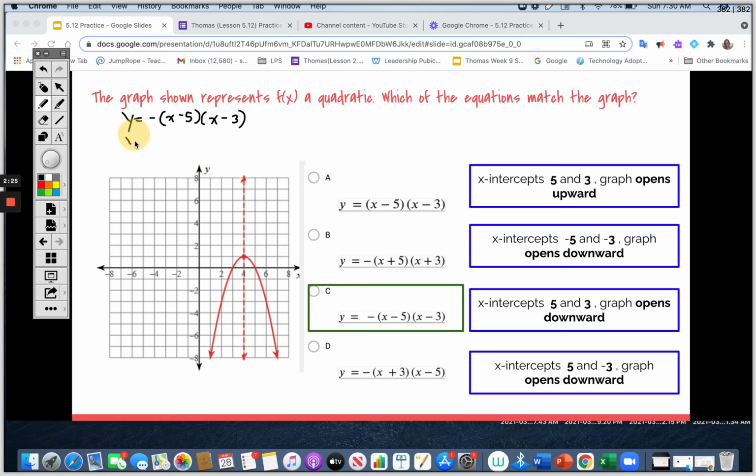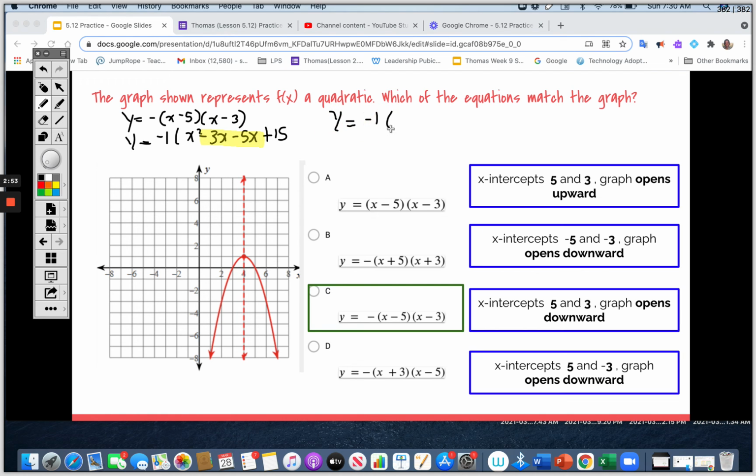That means y is equal to, I'm going to keep my negative 1 on the outside. That's going to be x squared minus 3x minus 5x, and a negative 5 times a negative 3 is positive 15. I'm going to combine like terms, so I need to combine my negative 3x and my negative 5x, which combined is negative 8x.